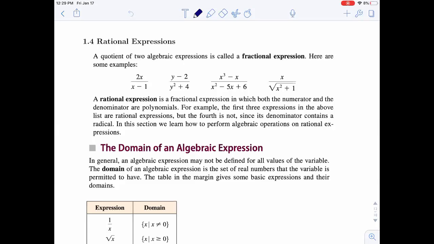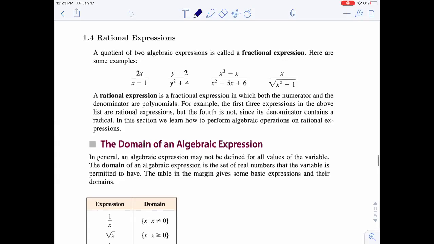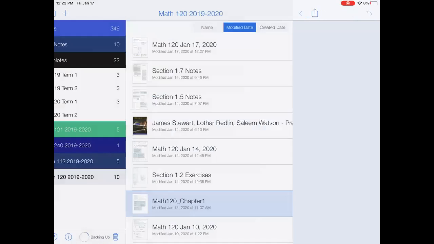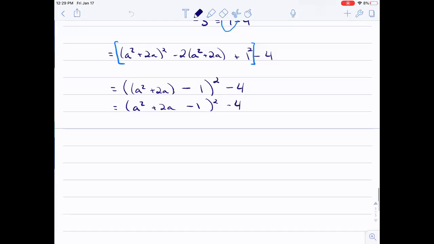So just remember, section 1.4 is on rational expressions.